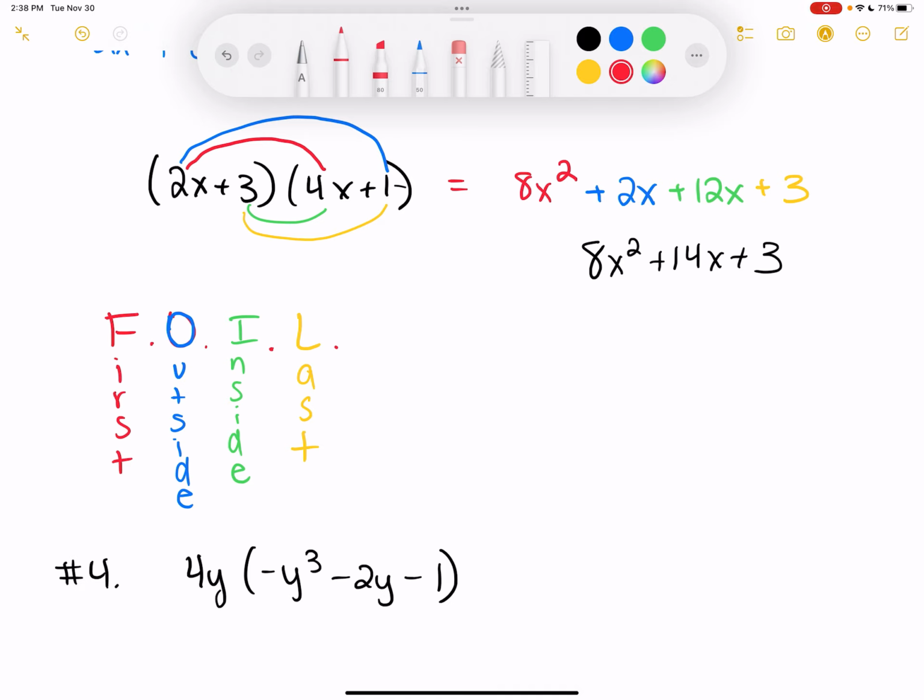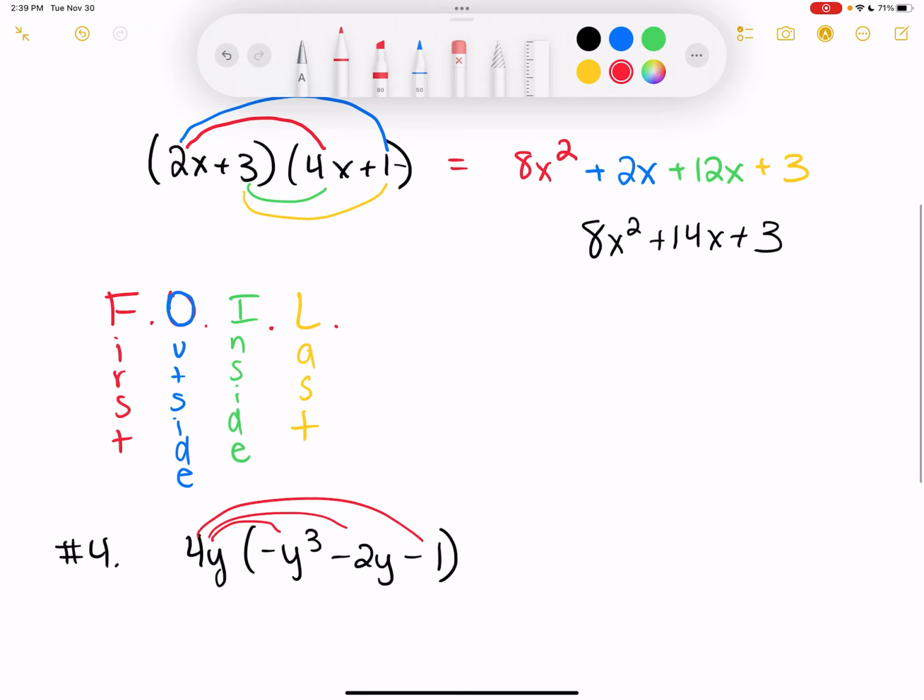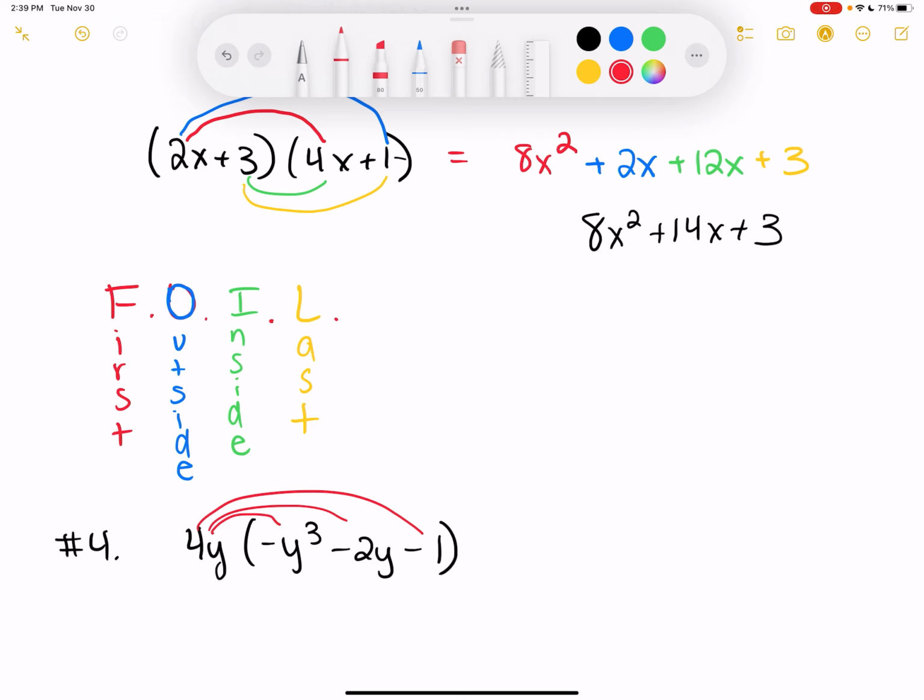You're going to multiply what's outside by everything inside. So 4y times negative y cubed is what? Negative 4y what? I'm multiplying, so what do I do to the exponents? Add them, so it's going to be to the 4th.